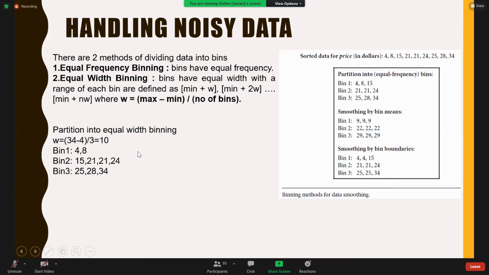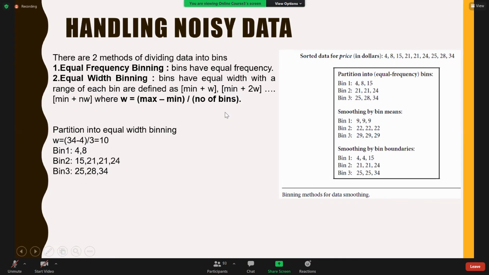Bin 1 width will be 10. The width is calculated as the difference between the maximum and minimum value divided by the number of bins. So in our example, we have a width of 10. How is bin 1 set? What is the minimum value in the overall data? 4 is the minimum value.